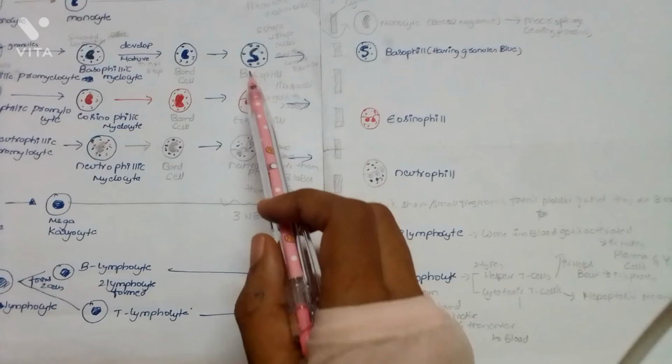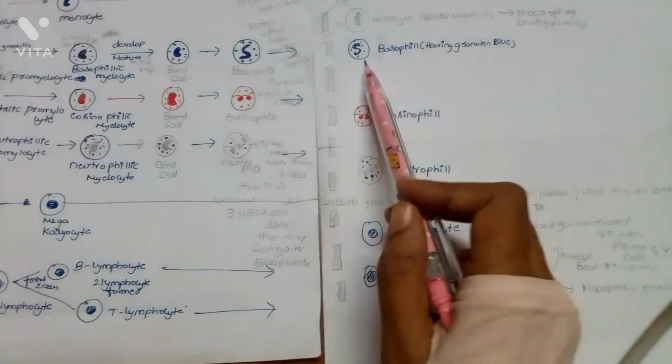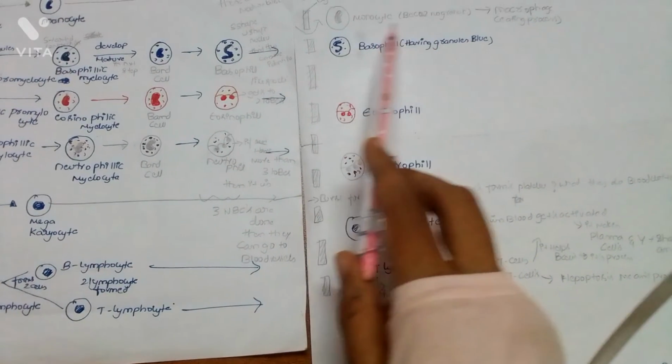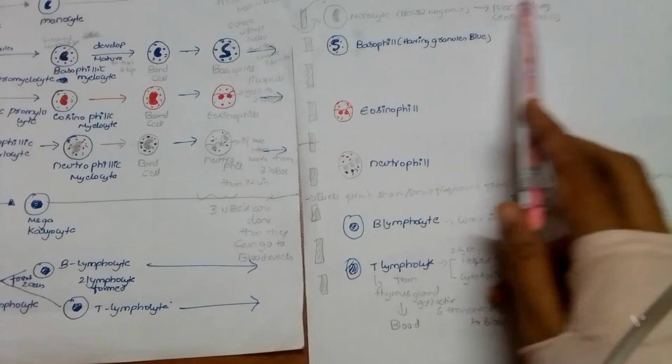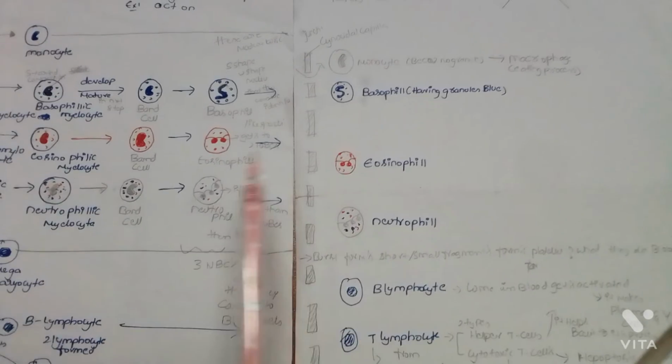The basophil is there, having blue granules. This is a basophil. The first one, the monocyte, is there. Because of no granule, the macrophage process will take place, which is the eating process.